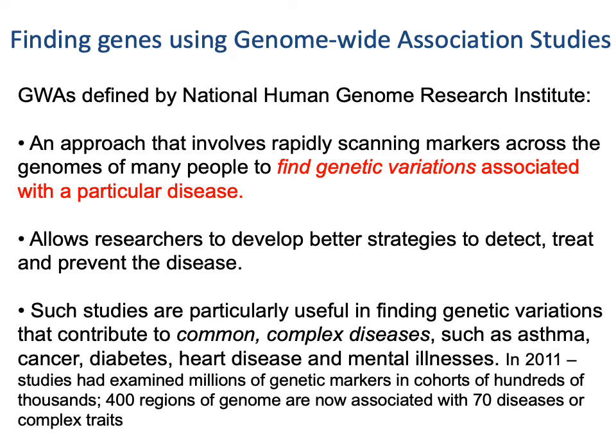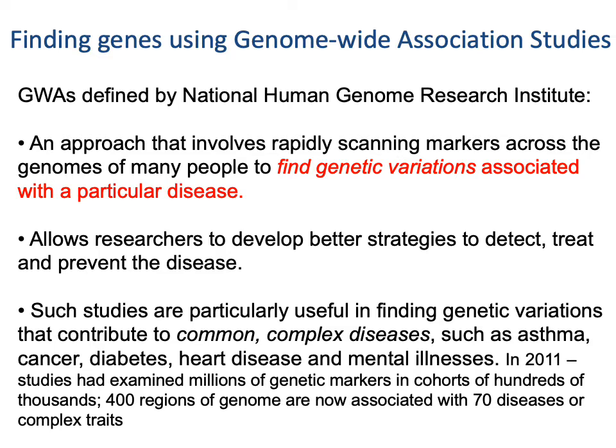And what you're doing is you're looking for genetic variations that are associated with the disease. In this case, you're not necessarily looking first for the gene itself, but just for correlations, right? What do the genomes of individuals who have a particular disease have in common with one another?